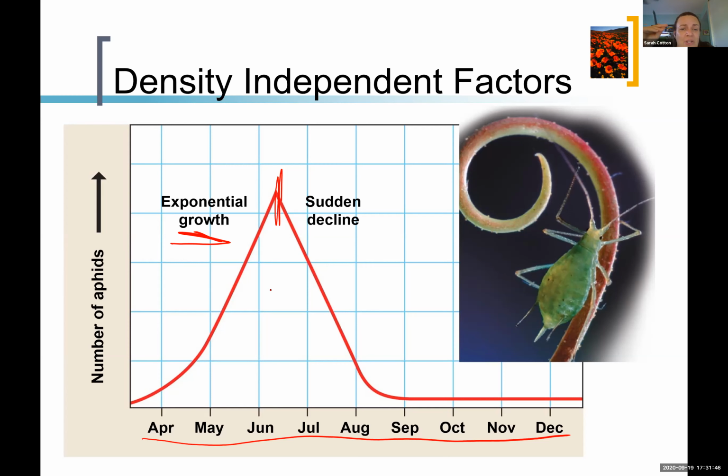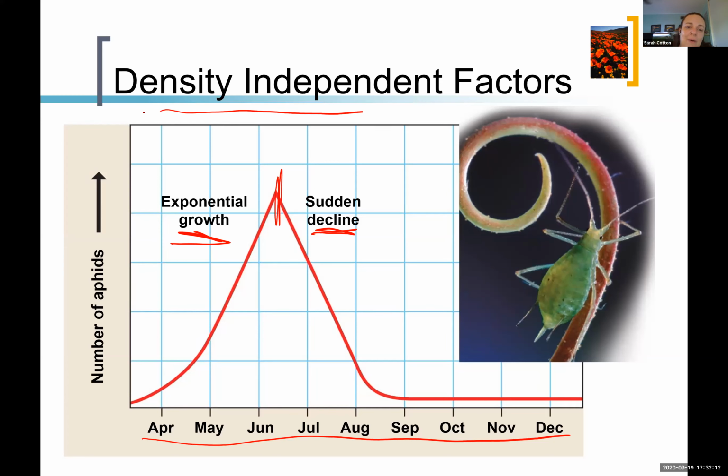So you have this really rapid decline, but it doesn't matter how big or how small the aphid population is. The reason there's a rapid decline is because the weather changed, right? And so that's a density independent factor, because the size of the aphid population has nothing to do with the fact that they decline. It's just because it got too hot for them and they died.